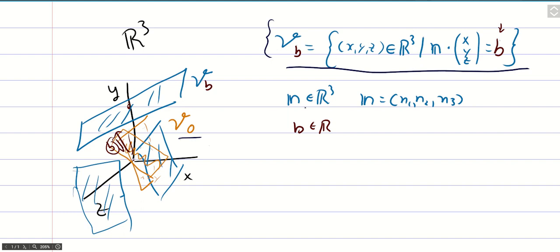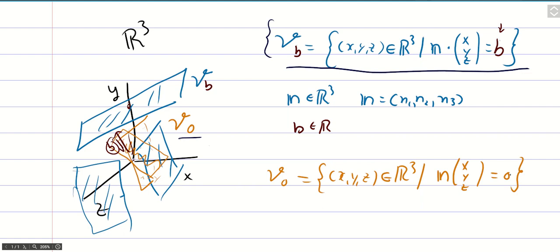So if b is equal to 0, then we need to show that V0 corresponds to the set of points x, y, z in space that satisfy this equation, n times (x, y, z) equals 0.